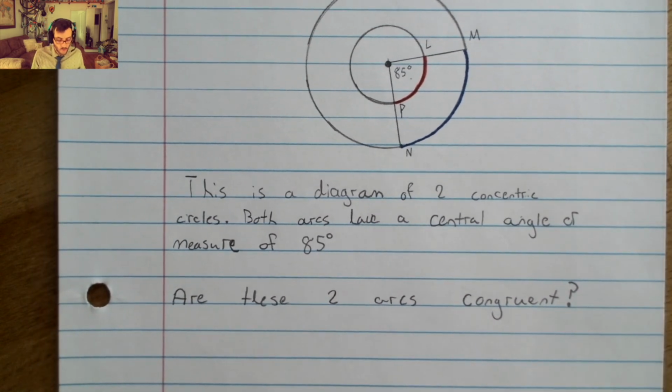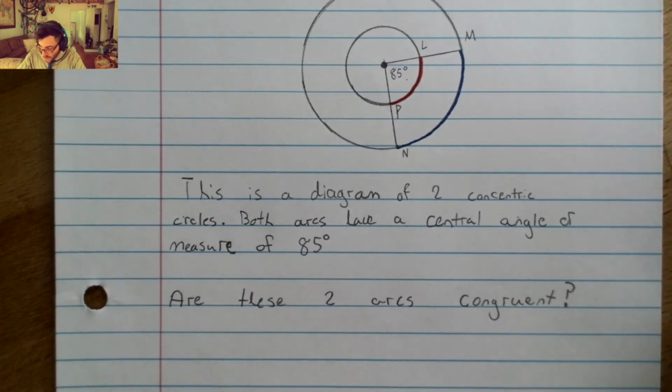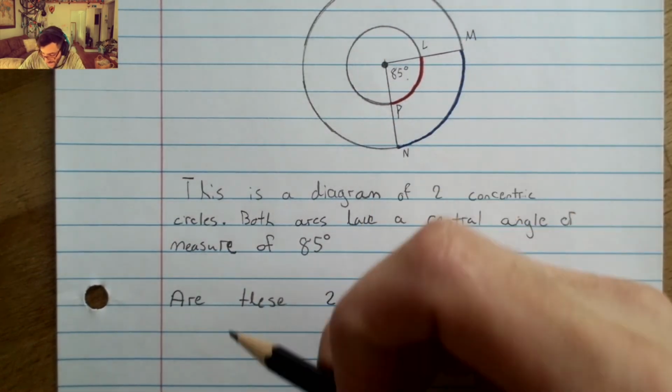My question for you is, theoretically, would these two arcs be of the same length? To answer this one for you, the arc lengths for these are not going to be equal.